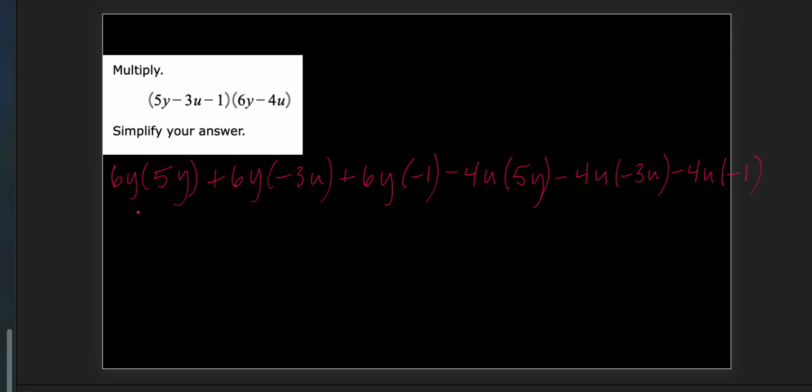To actually multiply them out, this will give me 30y squared. This is the plus times the negative, so I get a negative. 6 times 3 is 18. That's uy, I guess, to put it in alphabetical order. And 6y times negative 1 is negative 6y.